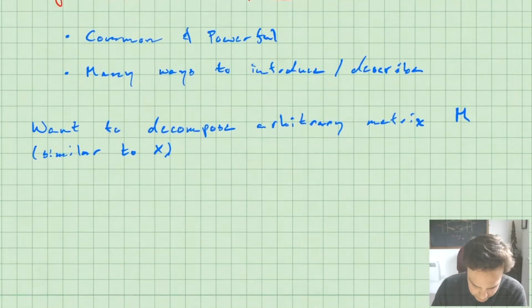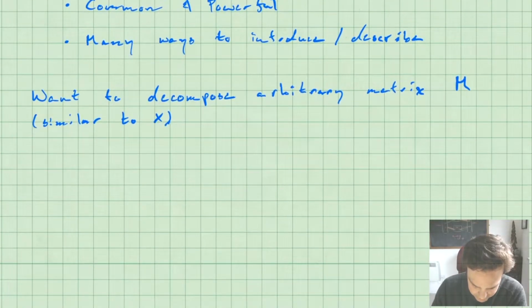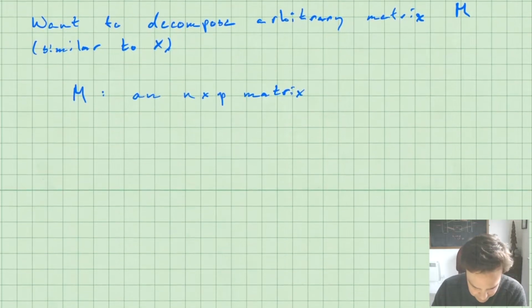But okay, so here is the general layout of things. First of all, M is an n by p matrix. It has eigenvalues lambda i, or rather, sorry, misspoke there.